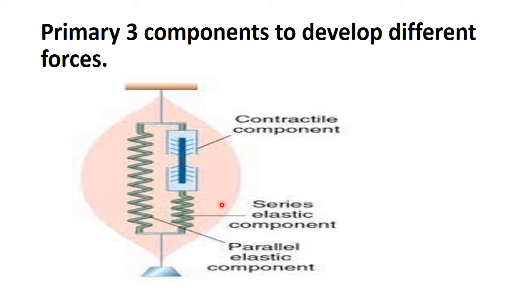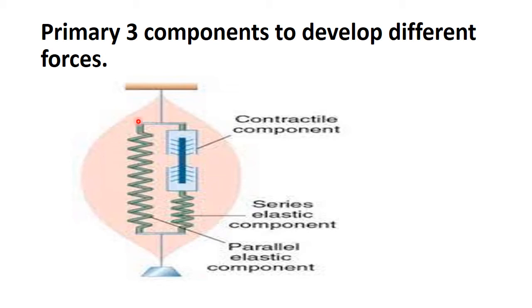At initial length, there are two components that are very important. Series elastic component: in the rough diagram you can consider it as a tendon, where one end of the tendon is attached to the bone, the other end is attached to the muscle.